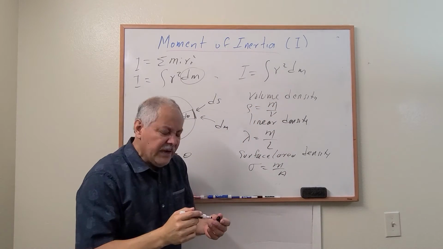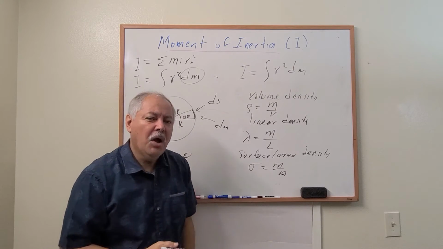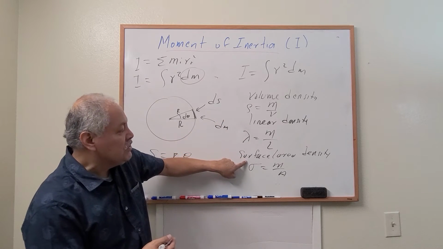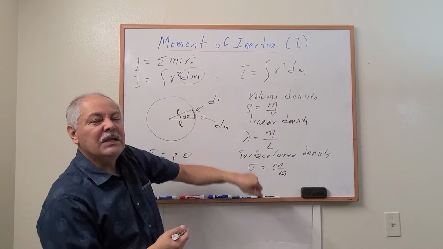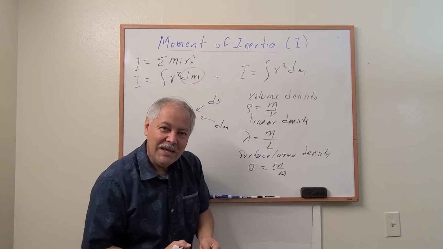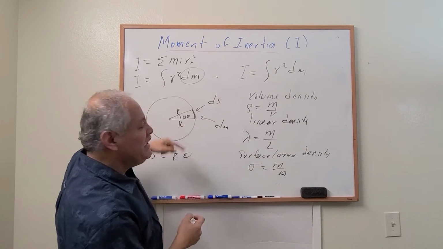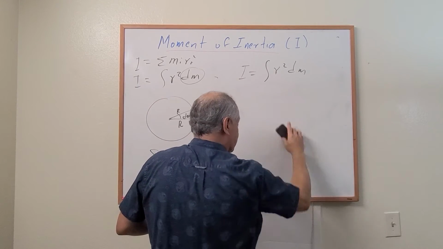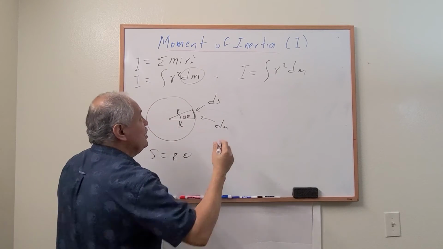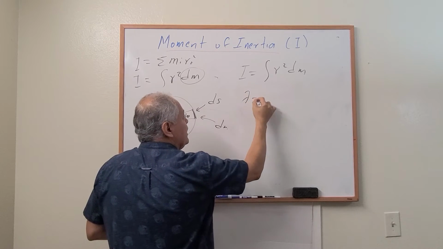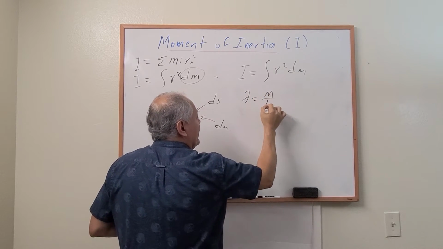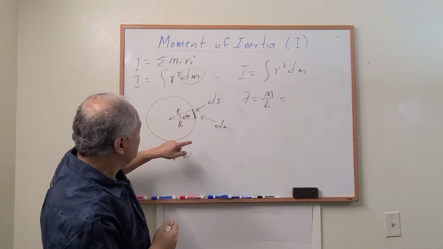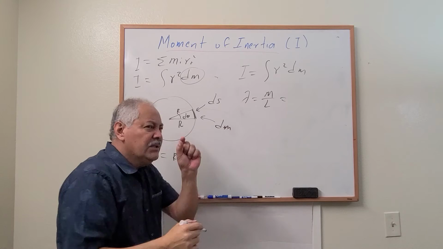Let's try to find the moment of inertia for three different objects: one using linear density, another using surface density, and another using volume density. In this case, we are with linear density. Lambda equals mass over L, because lambda is constant, and right here we're dealing with an infinitesimal mass.